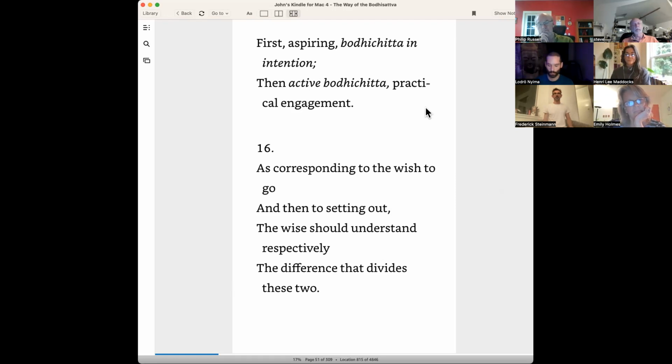So the bodhicitta of intention is the intention to be awake and to have compassion. And the bodhicitta of engagement is doing it, waking up and living a life of service and compassion and love for all sentient beings.